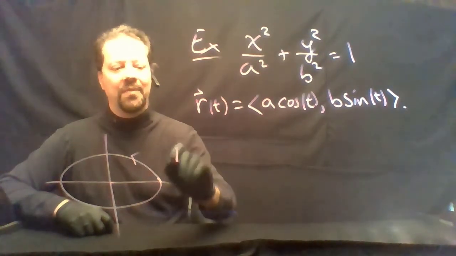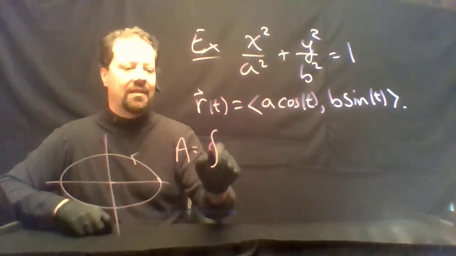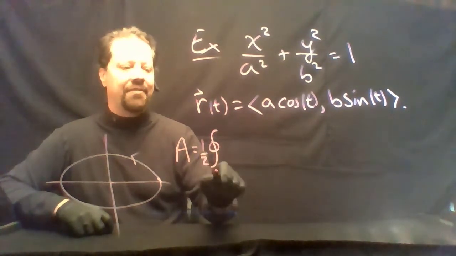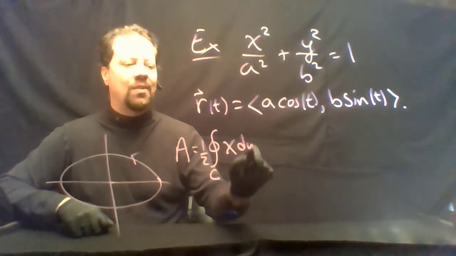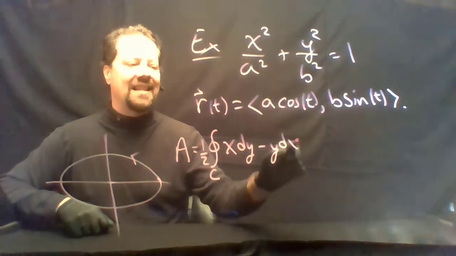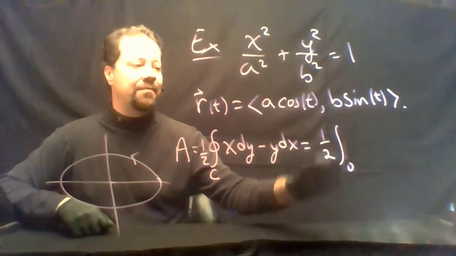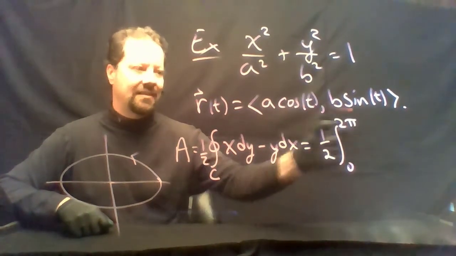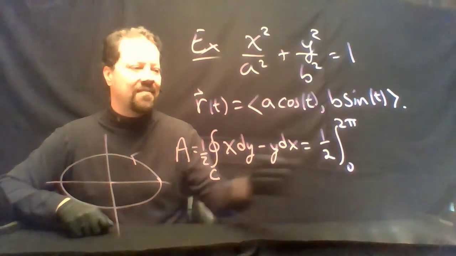According to the theorem we just wrote down, we should be able to integrate 1/2 around the boundary of this curve, x dy minus y dx. That would be 1/2 times the integral from 0 to 2 pi. As t goes from 0 to 2 pi, you go all the way around the ellipse.